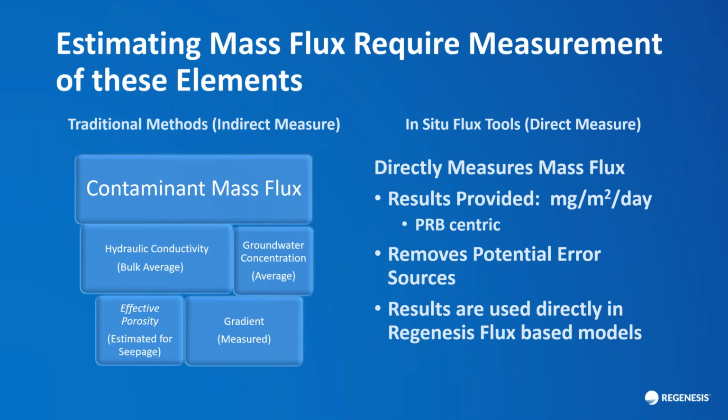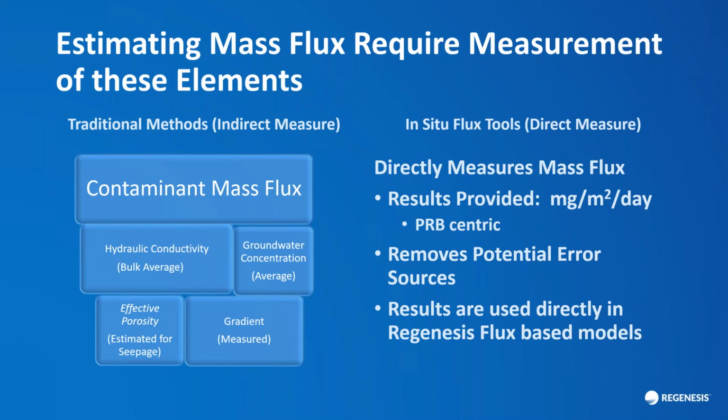So 3 out of the 4 components that go into traditional methods of estimating contaminant mass flux have varying levels of error introduced. Whereas if you compare that to a direct measure using an in situ flux tool, it's a direct measure of mass flux. The results come to you in milligrams per square meter per day.